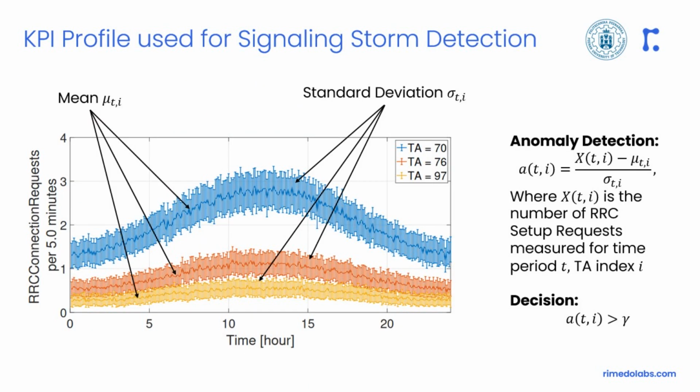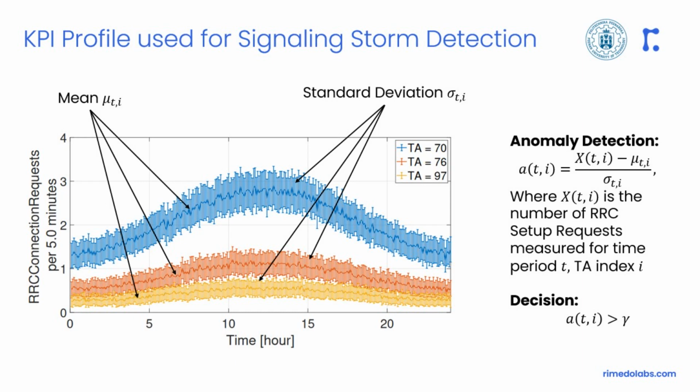The signaling storm detection is based on so-called Key Performance Indicator profiles, namely KPI profiles. In our case, the KPI profile contains the long-term statistics of RRC setup requests associated with observed values of timing advance: the mean number and standard deviation. In the figure we can see representative examples of such KPI profiles for several values of timing advance.